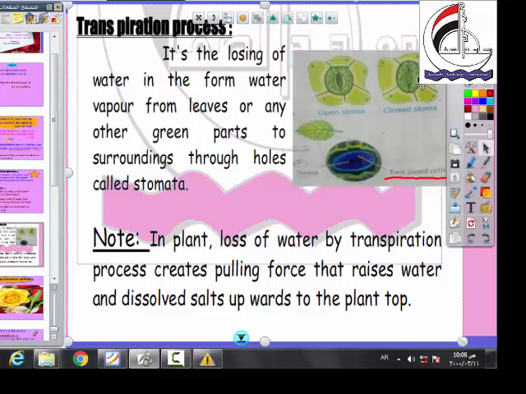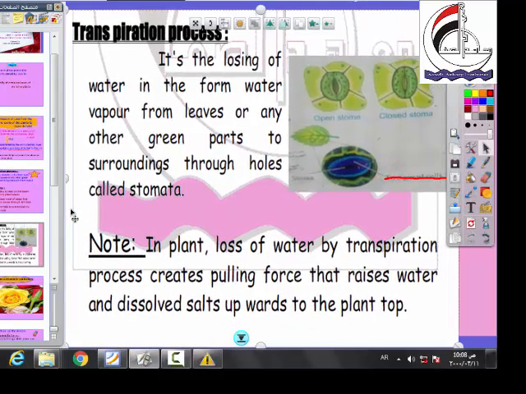Repeat after me. Transpiration process is the losing of water in the form of water vapor from leaves or any other green parts.